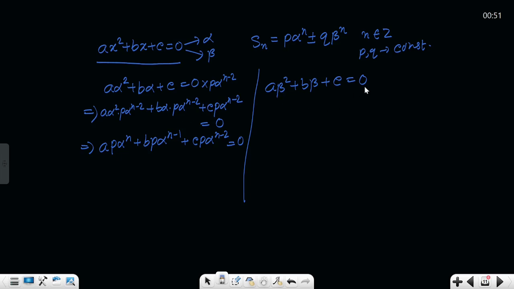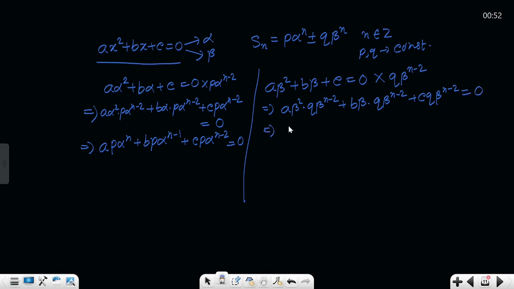Now let's move to the second equation. We will multiply both sides of this equation by q beta to the power n minus 2. So here we will get a beta square into q beta to the power n minus 2, plus b beta into q beta to the power n minus 2, plus c q beta to the power n minus 2 equal to 0.